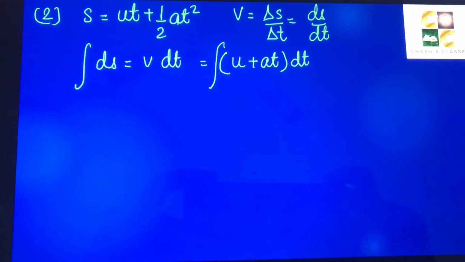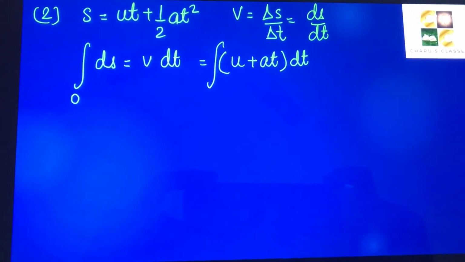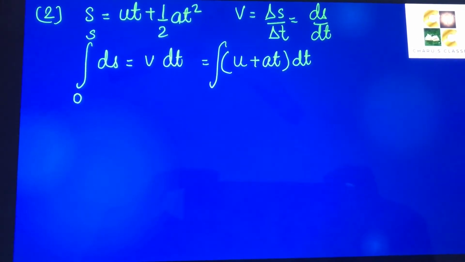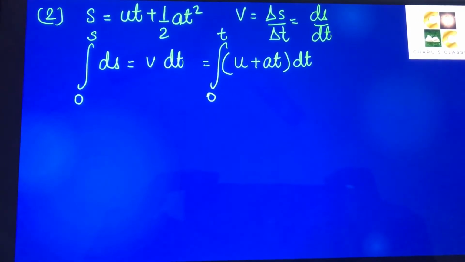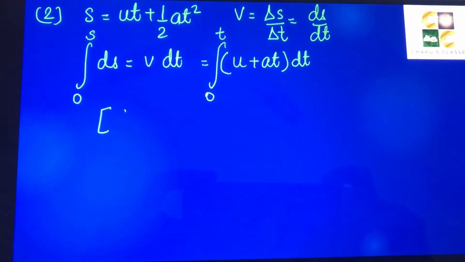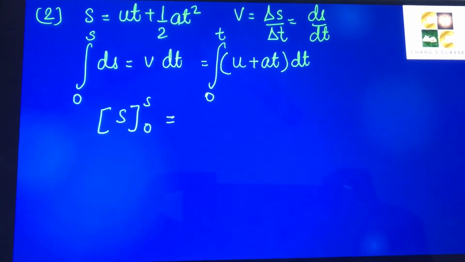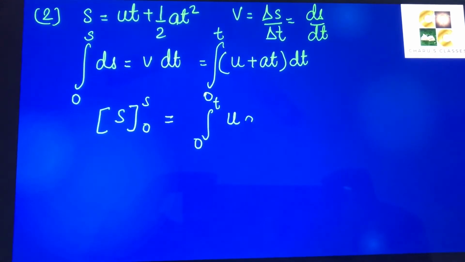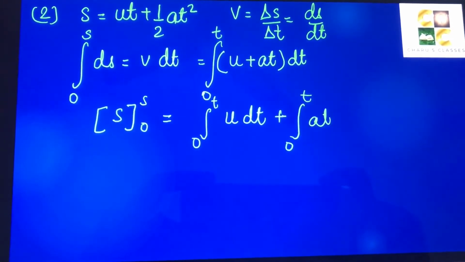Now taking integration for ds, the displacement is happening from 0 till s, and dt, that is the time, is changing from 0 to t. So integral of ds will come as s from 0 to s. Here we will have two separate integrals, 0 to t u dt plus 0 to t at dt.